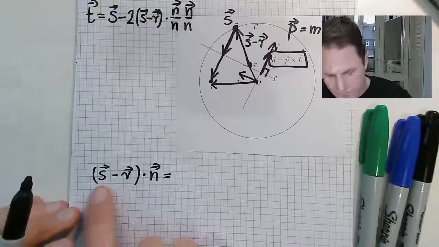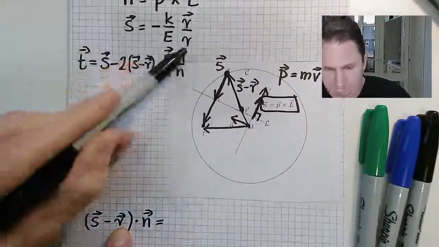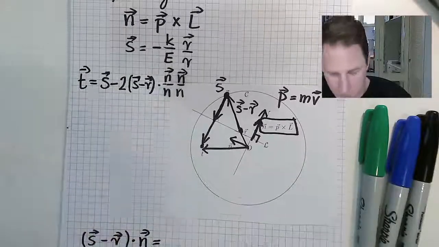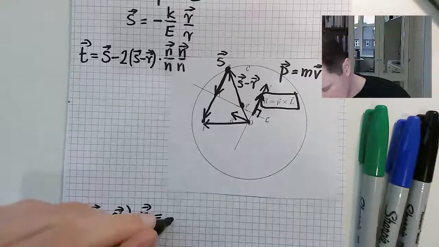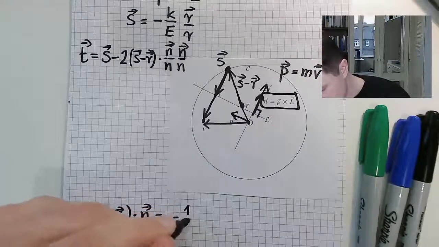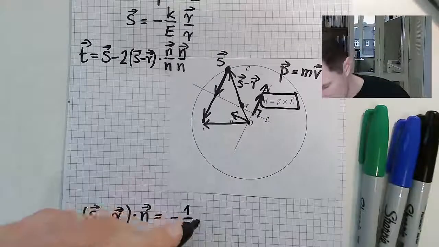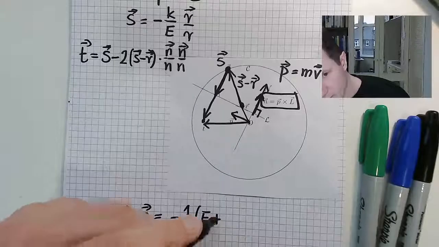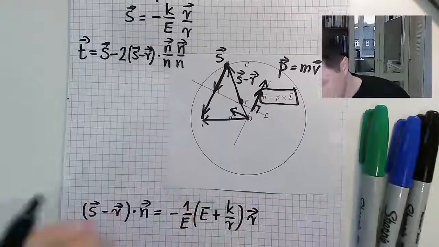Well, both S and R point in the same direction, so they are parallel vectors. They are both a multiple of R, and I can write this as minus 1 over e. I can pull that minus 1 over e out and get e plus k over r times the vector r.